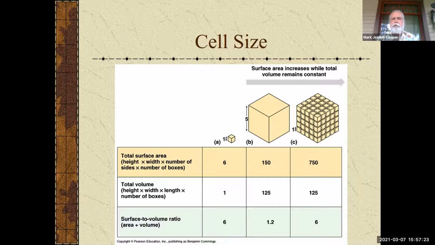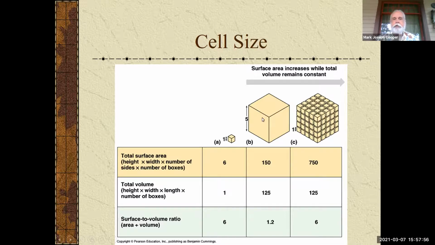Volume, on the other hand, is length times width times height. So here they're doing the one with 1. You have 1 times 1 times 6 because there are 6 sides, so my total surface area is 6. My volume is 1 times 1 times 1, so it's 1. And then my surface area to volume ratio is 6.